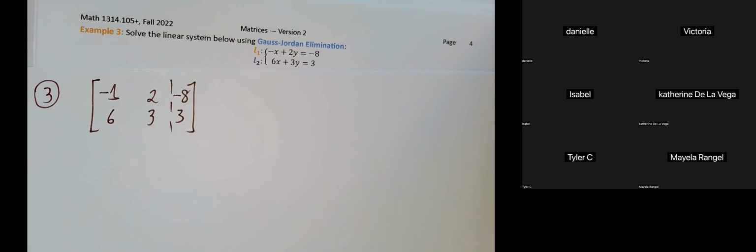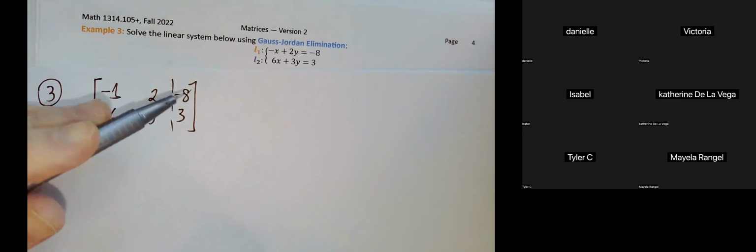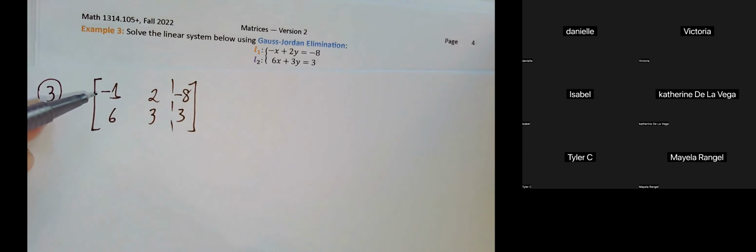I see two kind of obvious ways to get a 1 in the D11. What is one of the ways? Multiply by -1. Yes, -1 times -1 is 1, and that will not create fractions.